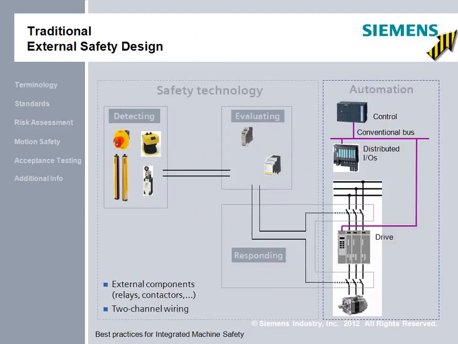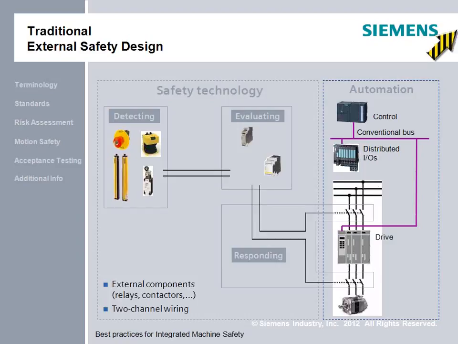So we'll take that slide a step further and look at what we would call a traditional safety design. In this case, we have the detection, which is showing an emergency stop, a light curtain, a laser scanner, etc. We have the evaluation piece, which is a safety relay, again in this case. And then we have the responding mechanism.